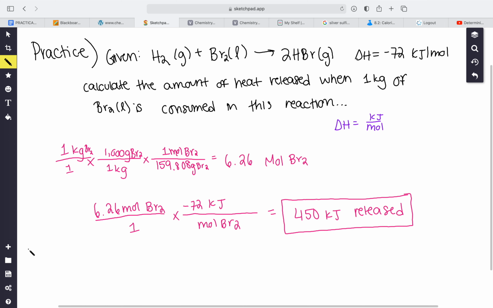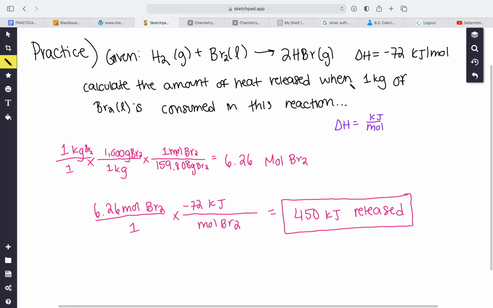Okay, so the practice problem says, given that H2 gas plus Br2 liquid yields 2 HBr gas, and the delta H for this reaction is negative 72 kilojoules per mole, calculate the amount of heat released when 1 kilogram of Br2 liquid is consumed in this reaction, right? So let's break this down, right?